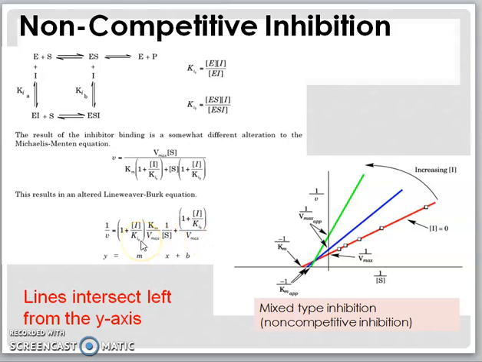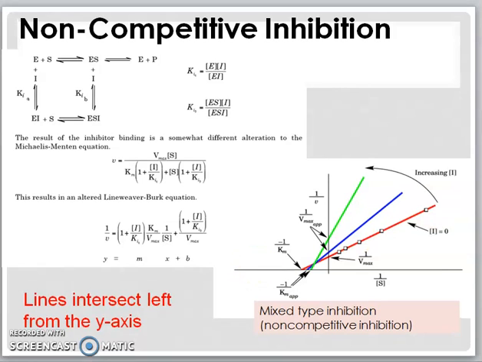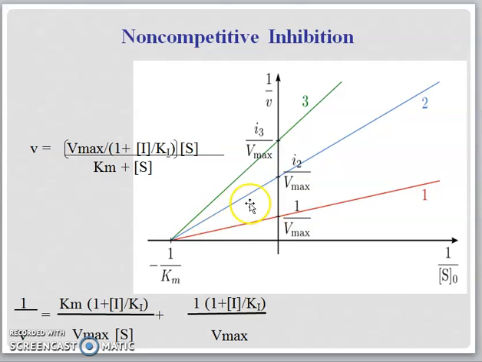Here you can see there is Kia and Kib. For mixed type inhibition, the Kia and Kib values will be different. One will be higher than the other. But for the common type of non-competitive inhibition, the Kia and Kib will be similar.